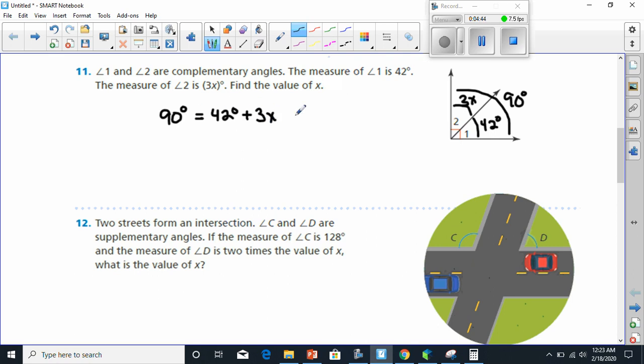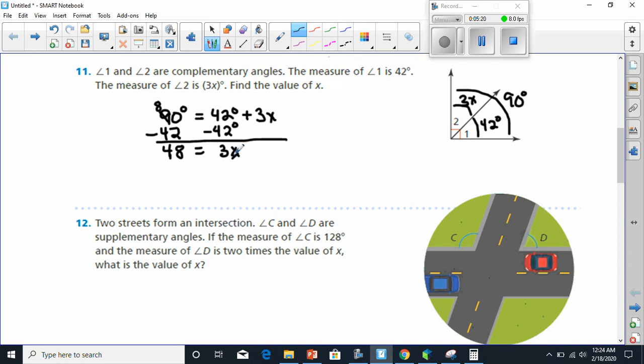We solve this by using the same properties we use for two-step equations. First, we isolate the variable by getting rid of the numbers using our properties of subtraction. When we do that, we have 3x left over. Then we have to borrow one from here, which leaves us 48.